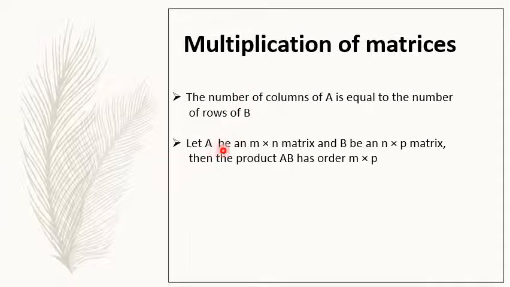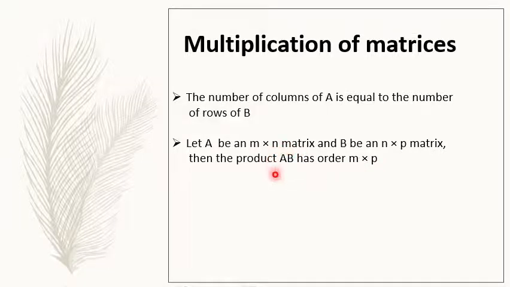If A is an m by n matrix and B is an n by p matrix, note that the number of columns of A is equal to the number of rows of B. Then the order of the product matrix AB is m by p.